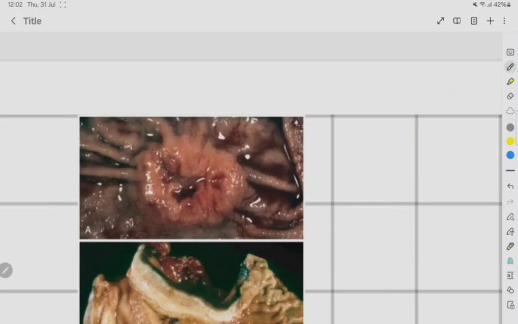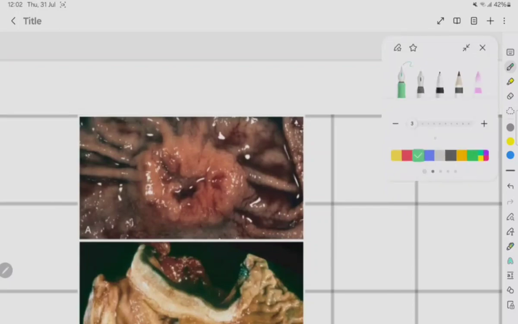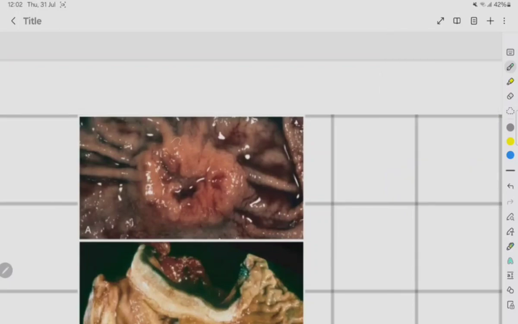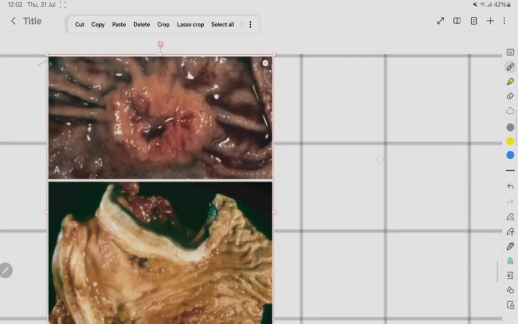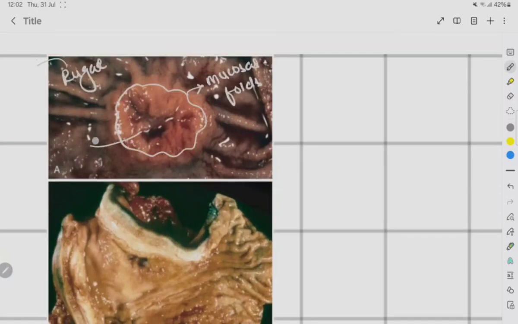This is the intestinal type. What you can observe here is that these are the rugae, and these are the mucosal folds. This is the ulceration.